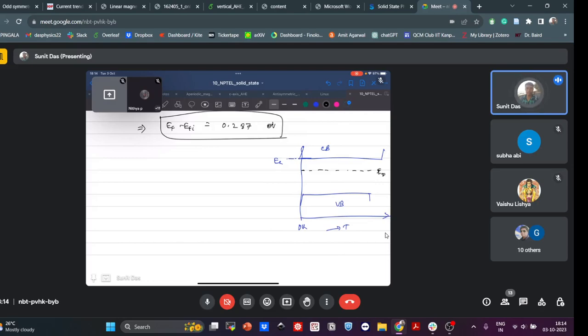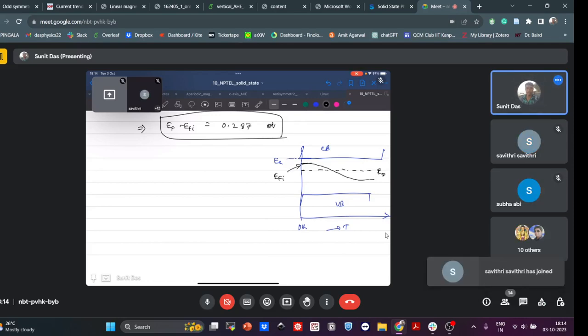Initially the Fermi energy lies somewhere here above the donor energy. As the temperature increases, this goes below the donor energy level, and this is the intrinsic Fermi energy.